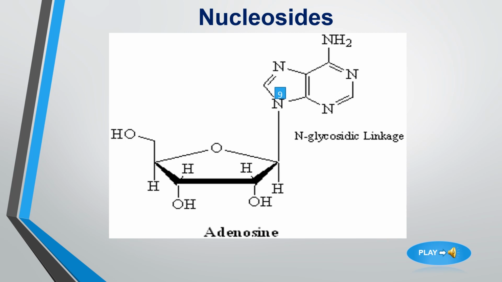That means the N9 nitrogen in adenine reacts with the first carbon of the ribose sugar, forming adenosine through an N-glycosidic linkage.